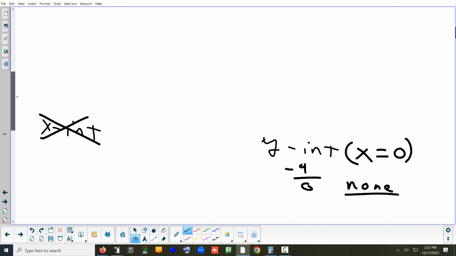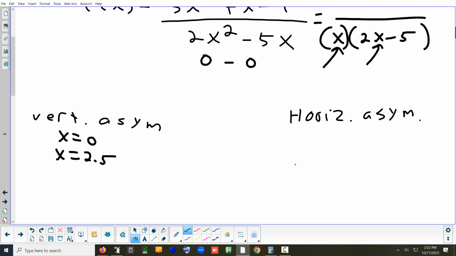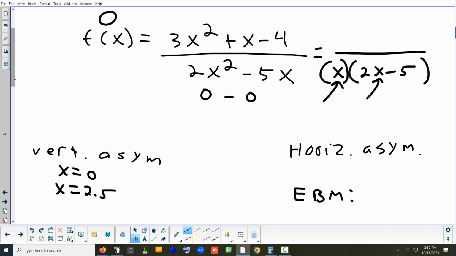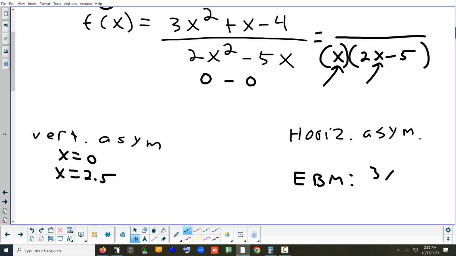I didn't write a spot for the end behavior, so I'll just do it under this. What's the highest degree term in the top? 3x squared. What's the highest degree term in the bottom? 2x squared. And what happens there? x squared cancels out.